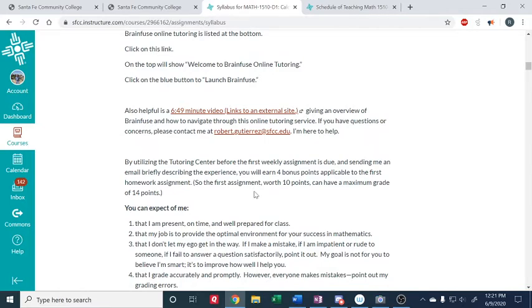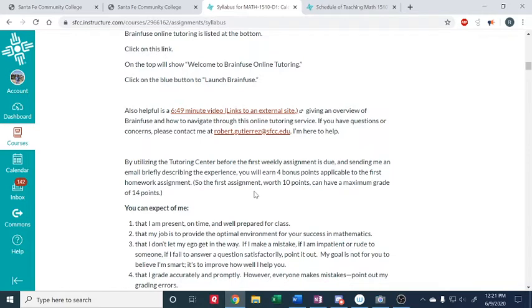Send me an email briefly describing your experience. You'll earn 4 bonus points applicable to the first assignment. If you've had me in previous classes, assignments were 100 points each. Now they're 10 points each. The first assignment, instead of being worth 10 points, can get you 14 points. So it's a very big bonus.